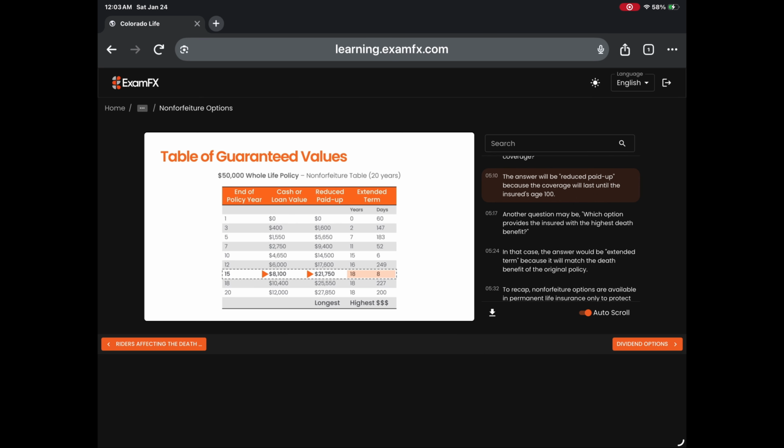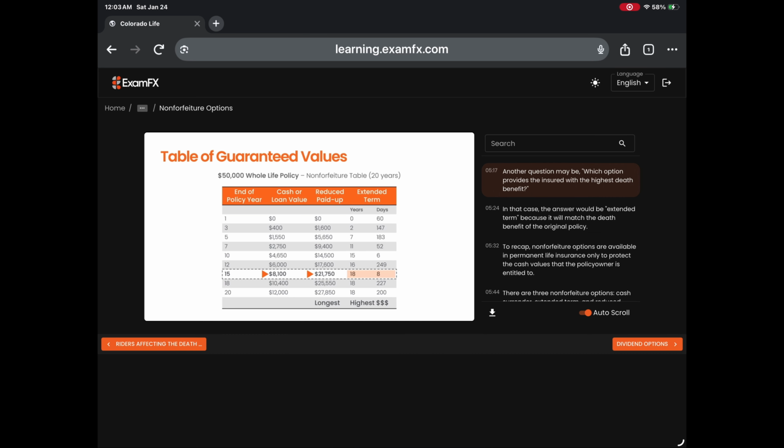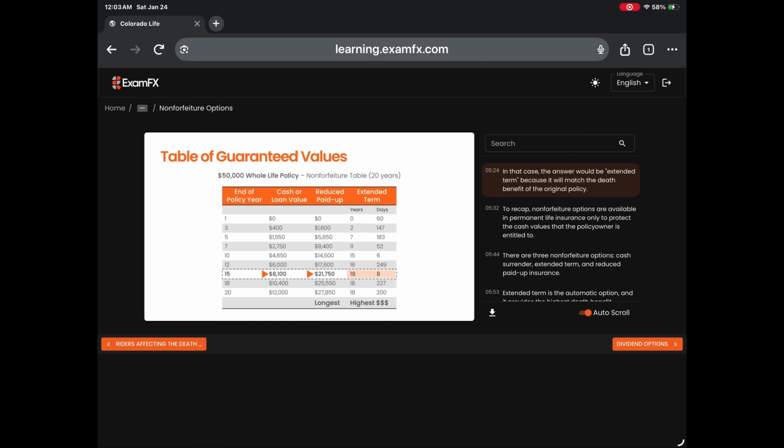The answer will be reduced paid up because the coverage will last until the insured's age 100. Another question may be, which option provides the insured with the highest death benefit? In that case, the answer would be extended term because it will match the death benefit of the original policy.